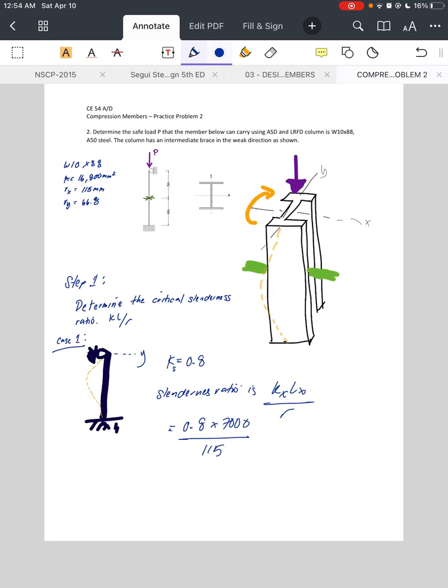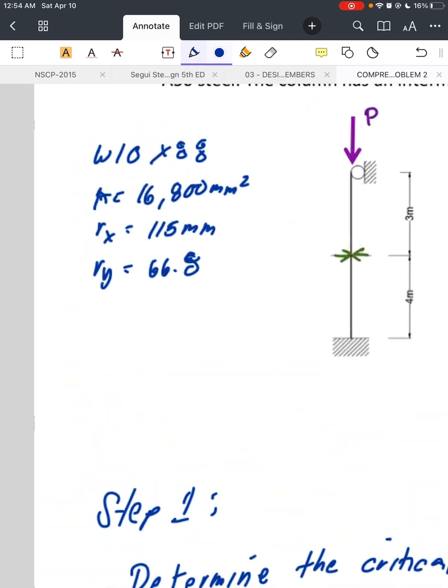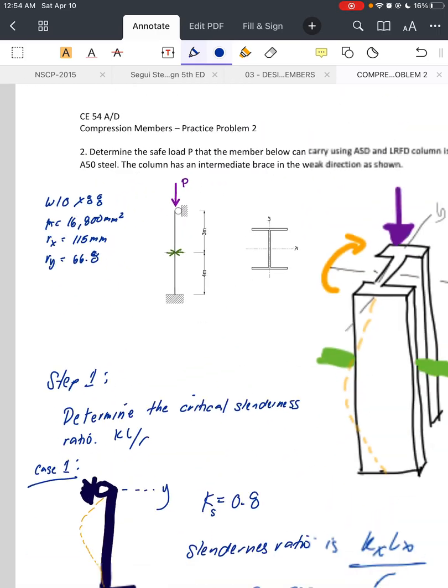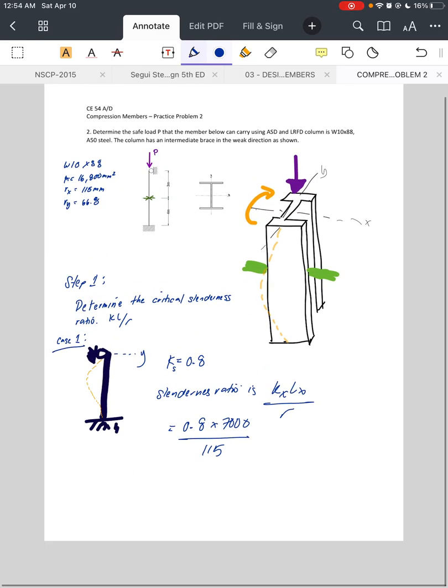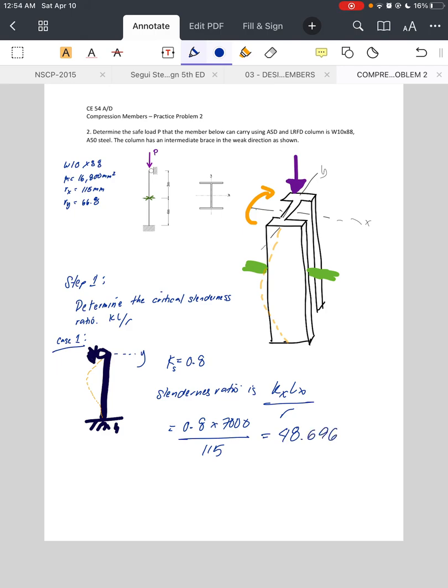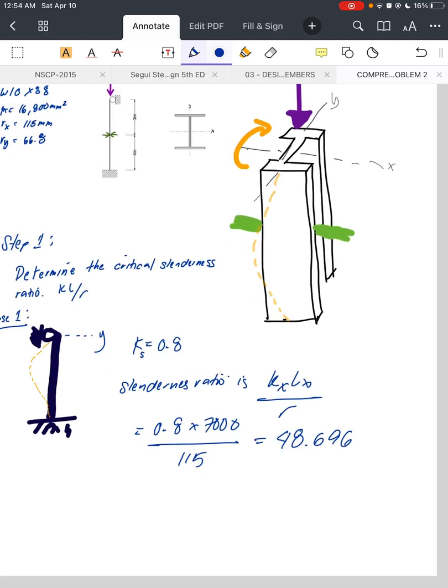So because our case 1 is buckling along x, we will use the radius of gyration along x, so that is 115. Okay, so you have here 0.8 times 7,000 over 115. You will have your 48.696.